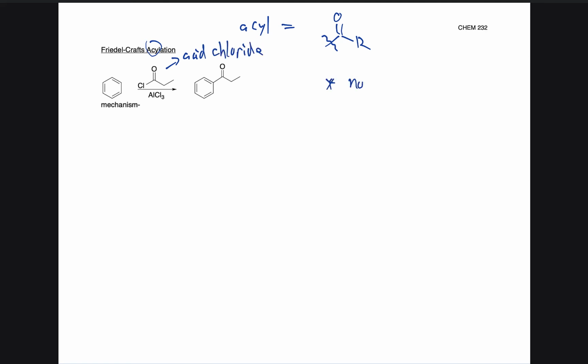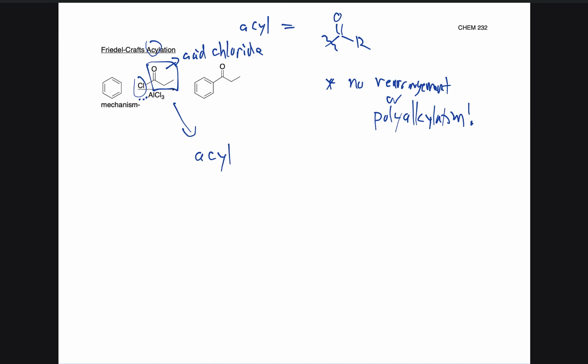Here, no rearrangement or polyalkylation occurs. For the mechanism, I'll leave this up to you, but it's essentially the same thing. The chlorine coordinates to the aluminum, and then we generate the rest of the acyl group as our electrophile. We have an acyl electrophile.